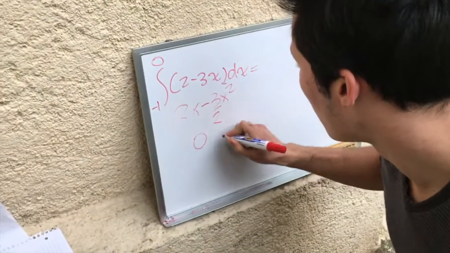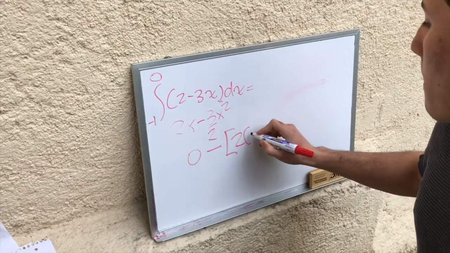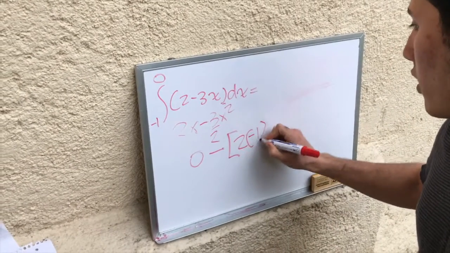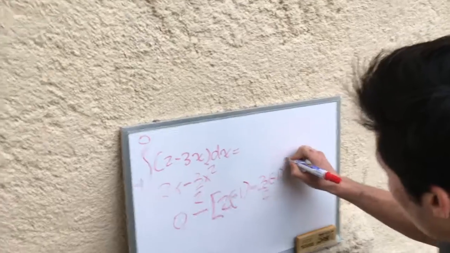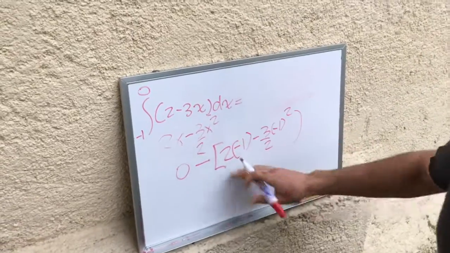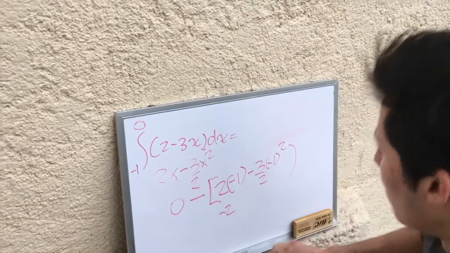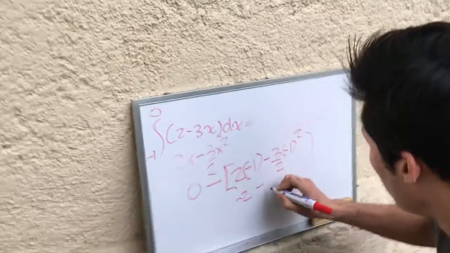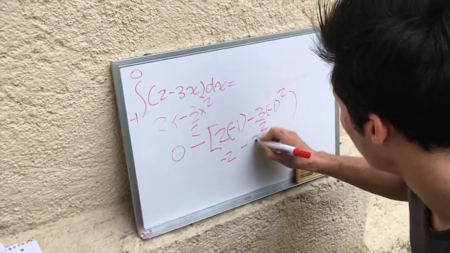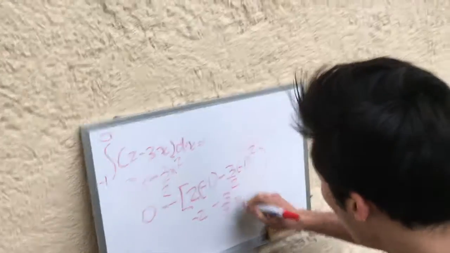Now, the numbers that are in here, we have to place them in this term and in another one. When we place the 0 in the first term, everything becomes 0, because if you multiply something by 0, it becomes 0. So 0 minus 2 times 1 minus 3 over 2 times negative 1 squared. This will be negative 2 when you multiply these two constants, and this will become 3 over 2.